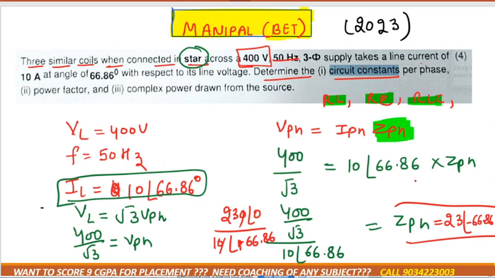Okay, now it is in which form? Polar form, and we need to convert it into which form? Rectangular form, just to know whether it's a combination of RL, RC or RLC. So this is the polar form, 23 angle 66.86.